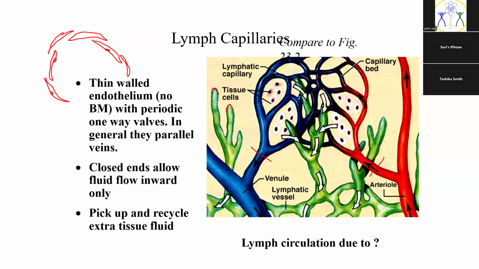This overlap here acts as a one-way valve. It allows fluid to go in, but not to come back out, right? So remember, regular blood capillaries are not like that. Regular blood capillaries are continuous. All the cells are packed together. There are no spaces in between them like this, right?